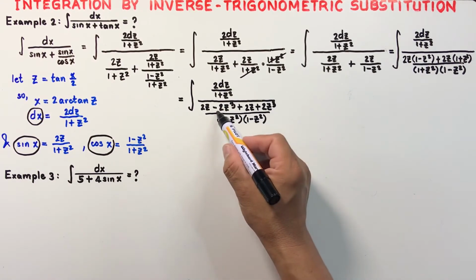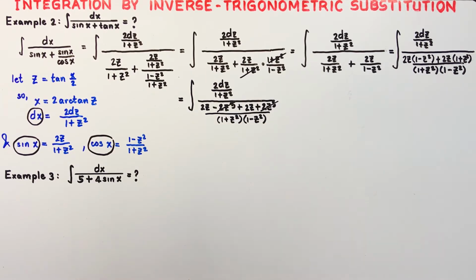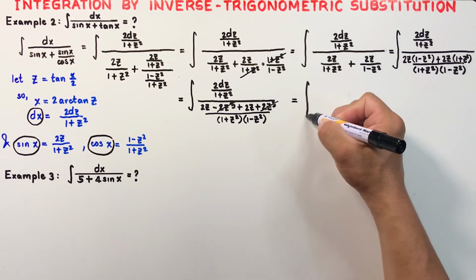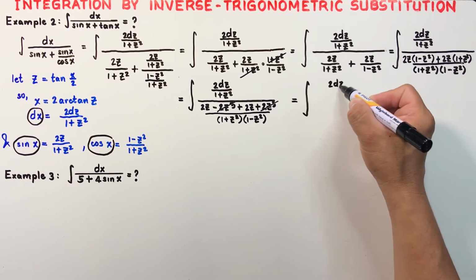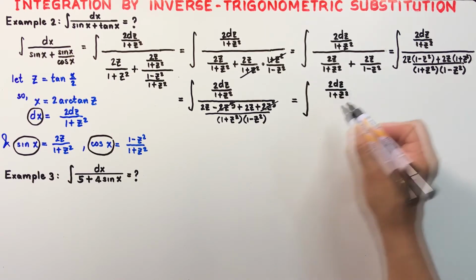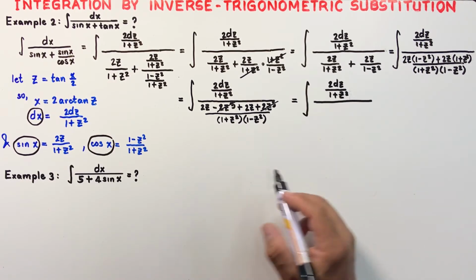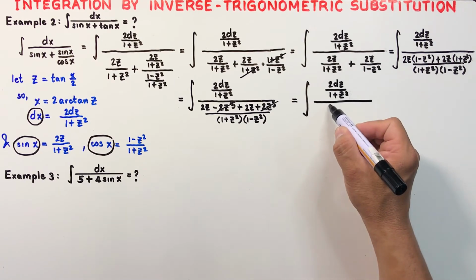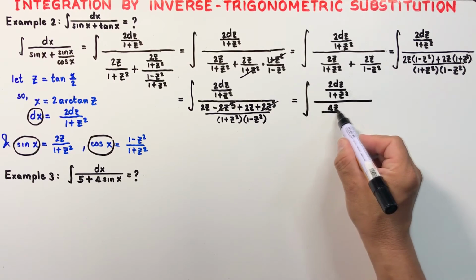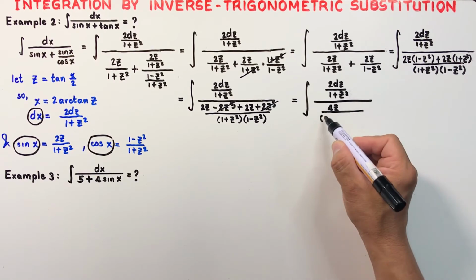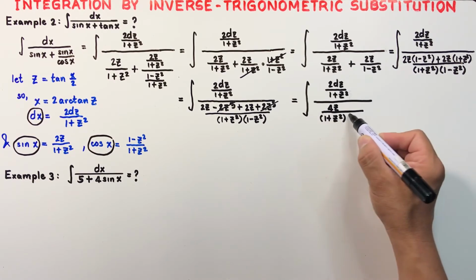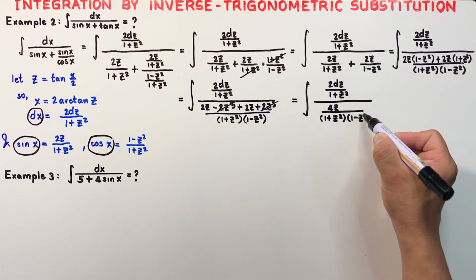And we notice that this term and this term cancel each other. So we have the integral of 2dz over 1 plus z squared, and this is divided by the remaining term, 2z plus 2z is 4z, over these two factors 1 plus z squared times 1 minus z squared there.